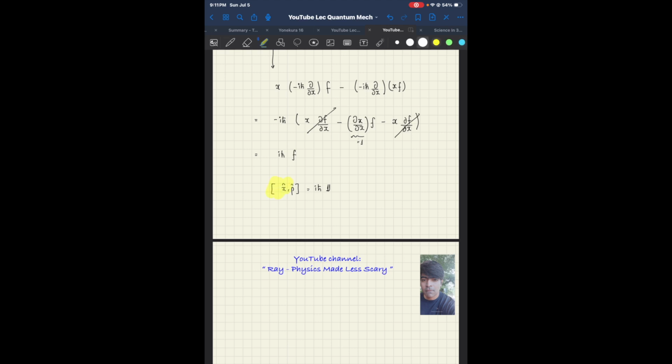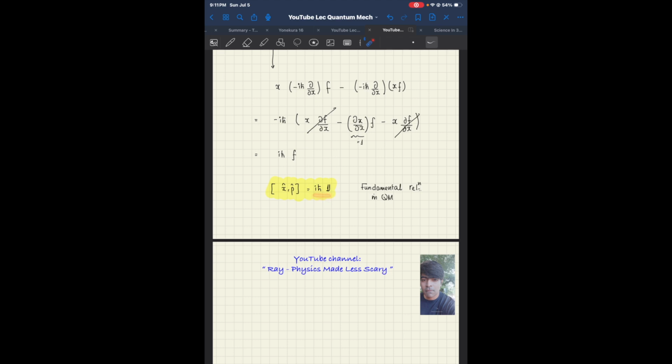And this is the fundamental relation in quantum mechanics. The commutator of the position operator and the momentum operator is non-zero. In some books, for example, if you follow R. Shankar, this is the starting point in quantum mechanics: that the position operator and the momentum operator don't commute.